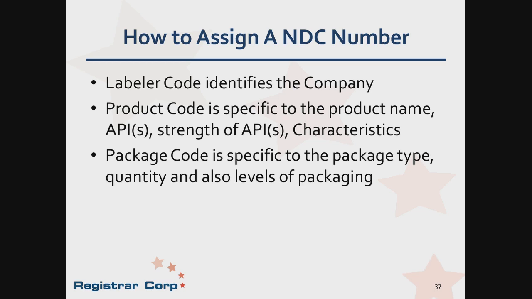If any of these change, then a new product code must be assigned. The last segment of the NDC number is the package code that is specific to the package type, such as box, tube, or bottle, quantity of the drug in the package, such as 20 milliliters or 3 tablets in the package, and then also levels of packaging. If any of this differs, then a new package code must be assigned.